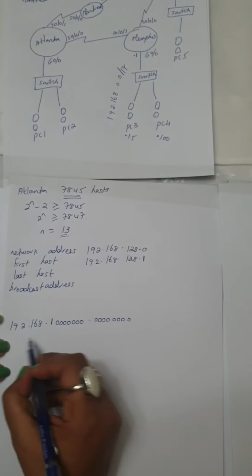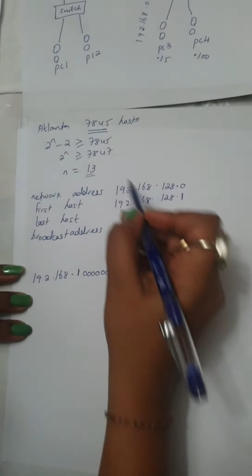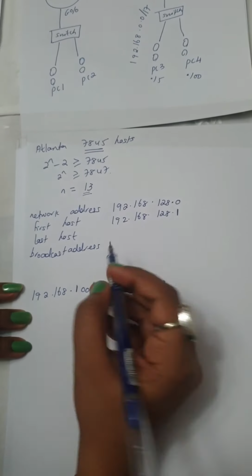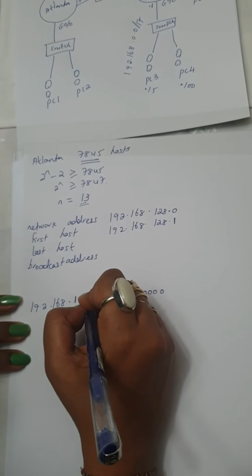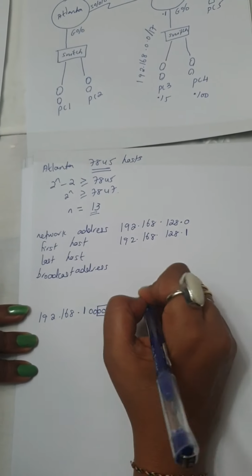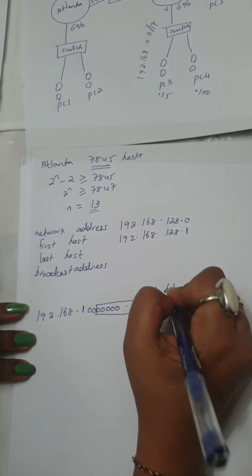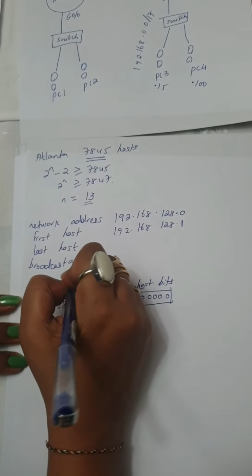This is the representation of the network address in binary. So 13 host bits: 8, 9, 10, 11, 12, 13. All this represents host bits, and all this represents network bits.